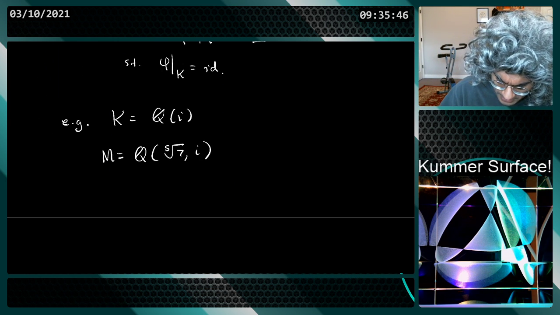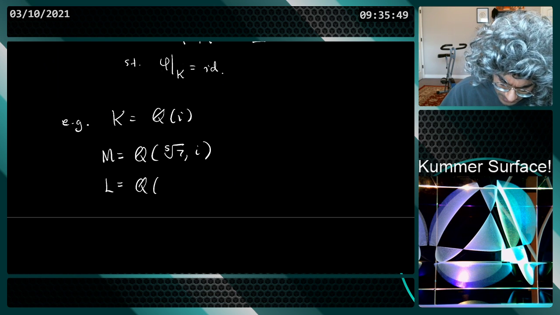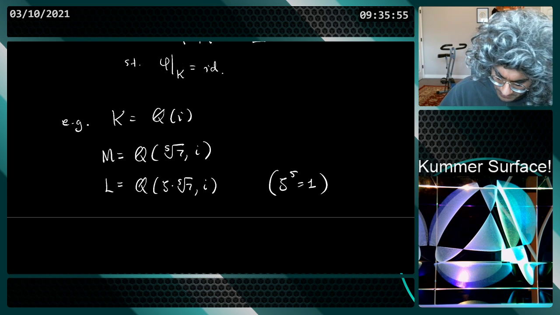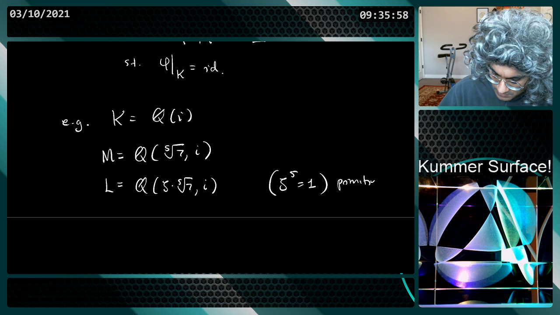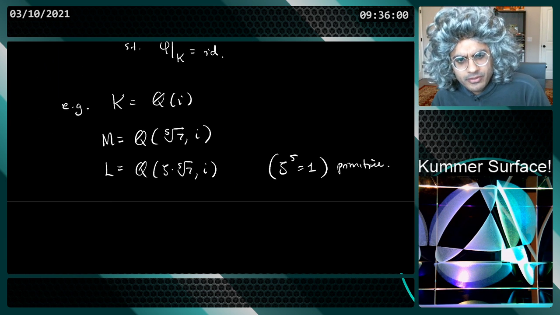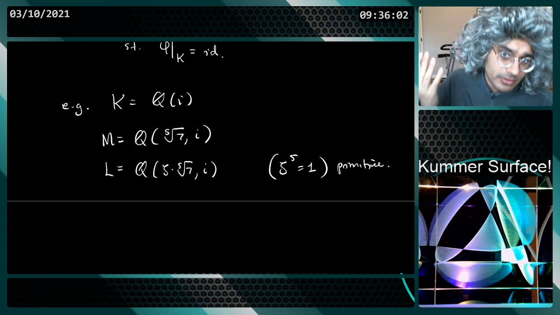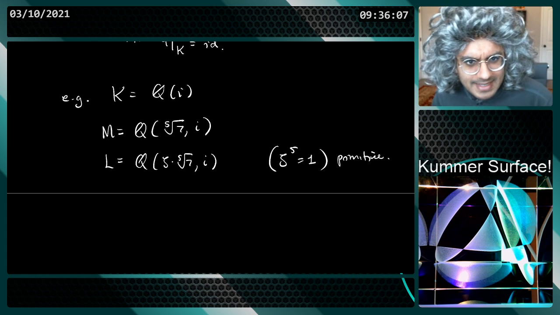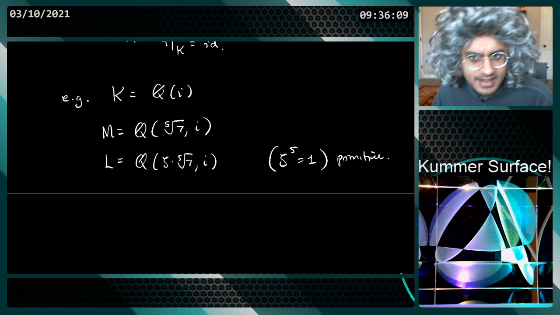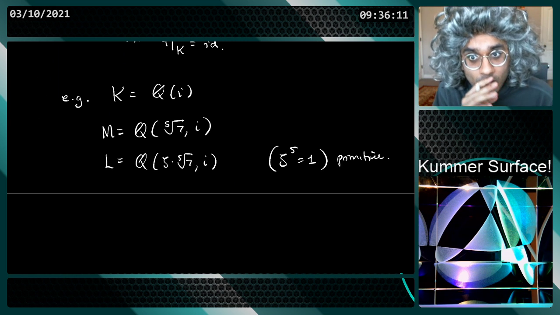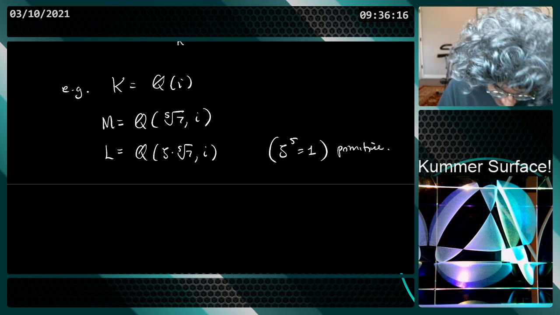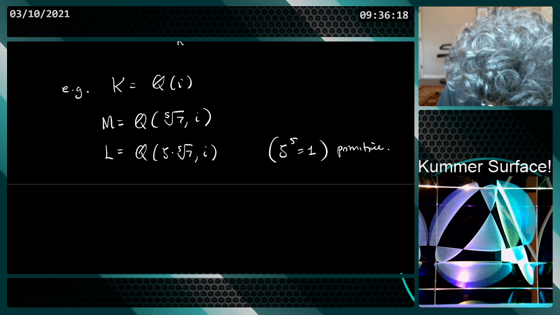And L might be this field, zeta times the 5th root of 7, i, where zeta is a primitive 5th root of unity, say cosine 2π/5 plus i sine 2π/5, for example, or any non-trivial one. So these are two fields that both contain K, and here's a K-homomorphism of M into L.